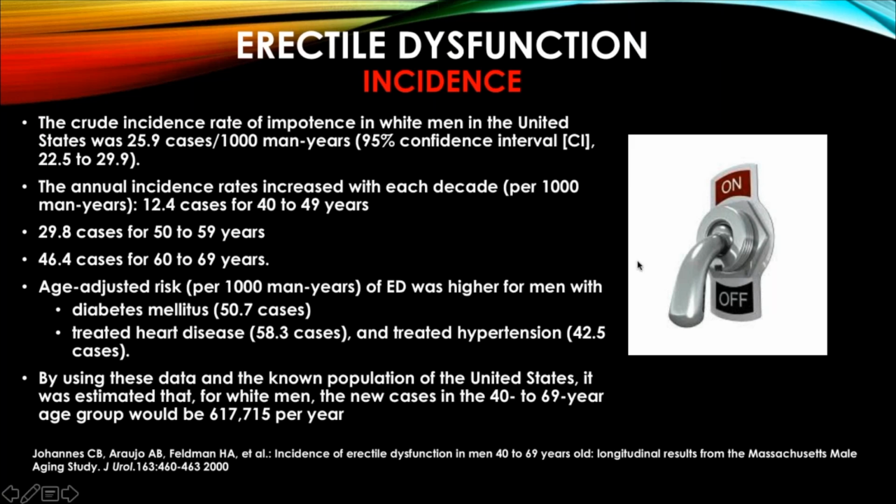By and large, a lot of physicians never make a diagnosis for them. Partners are concerned that the patient's no longer attracted to them, or that because they're not able to have sex with them, they are maybe having sex outside the relationship, and that many times is not true because these men have significant vascular abnormalities.